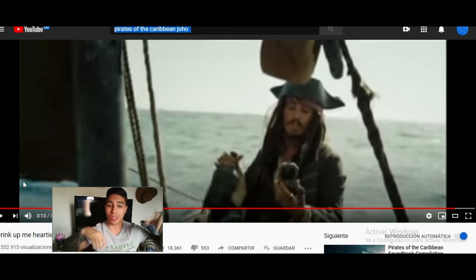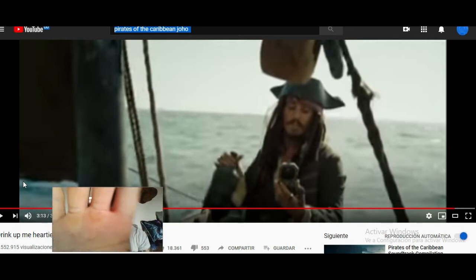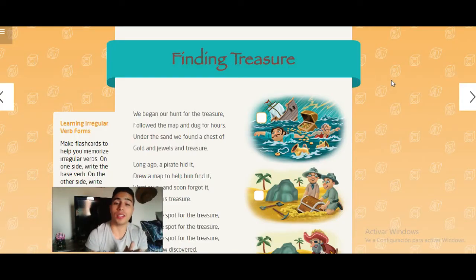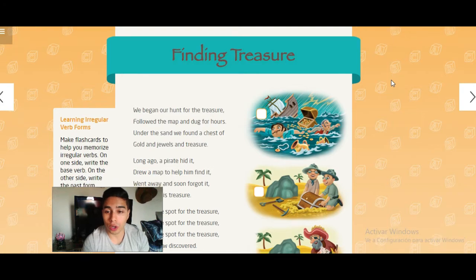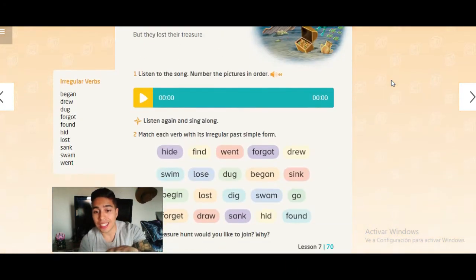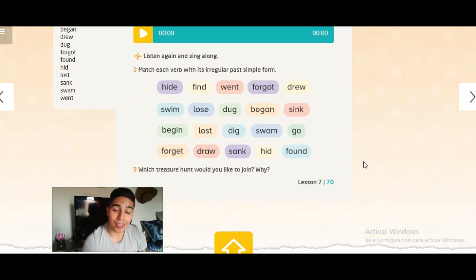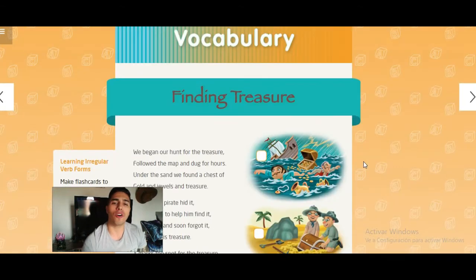Welcome back to this lesson. As you can see, we are going to work on page 70. But before we read this important story, we are going to learn something new.